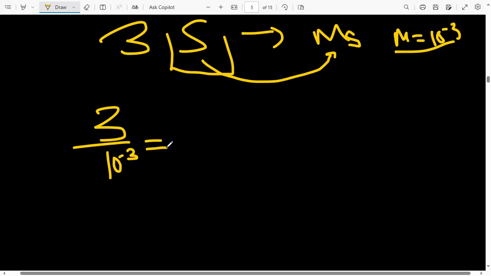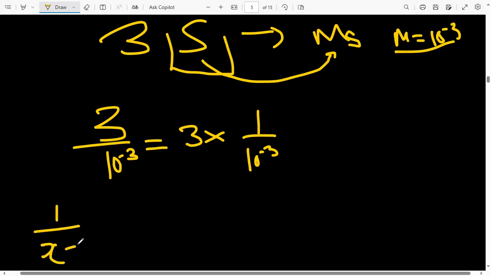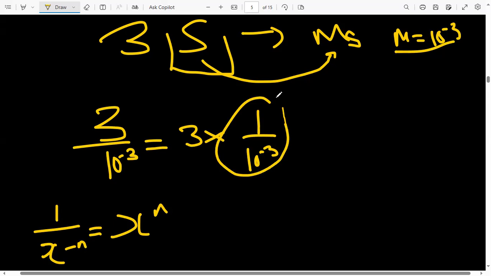Okay, then this I can also write as 3 multiplied by 1 over 10 to the power minus 3. Okay, and then we know, according to this rule here, that 1 over x to the power minus n is the same as x to the power n. So this guy here, I'm going to write as 10 to the power 3.